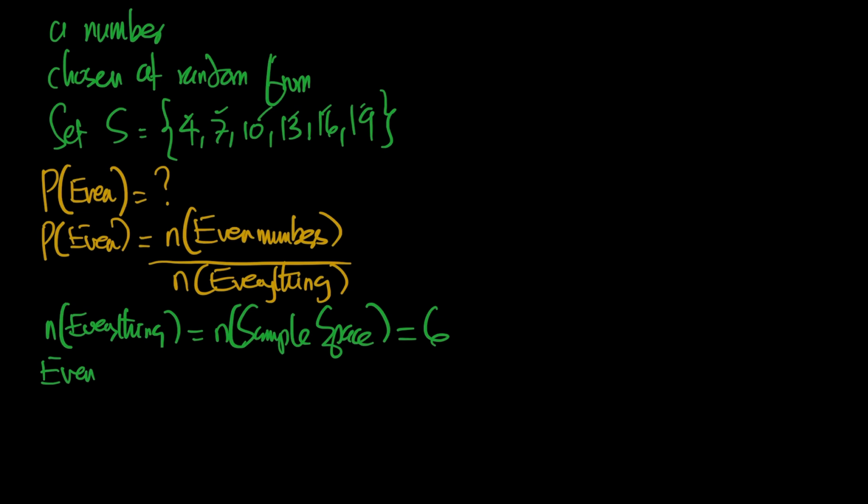What are the even numbers from the sample space? That's what we need to list first. 4 is one of them. And what's an even number? It's a number that when you divide by 2, there's no remainder; you get a whole number. So 4 is such a number. We take 4 and divide it by 2.